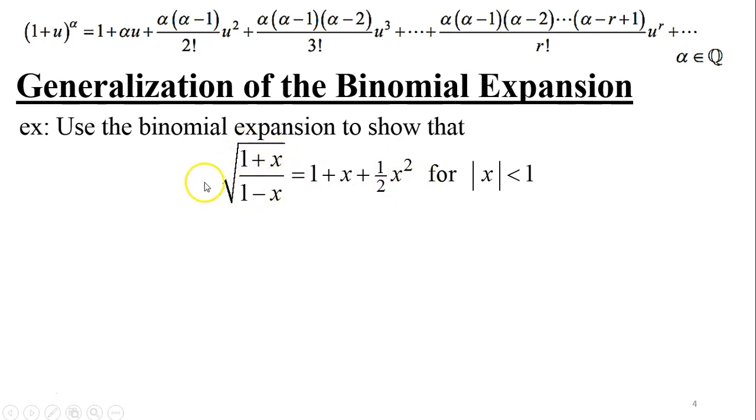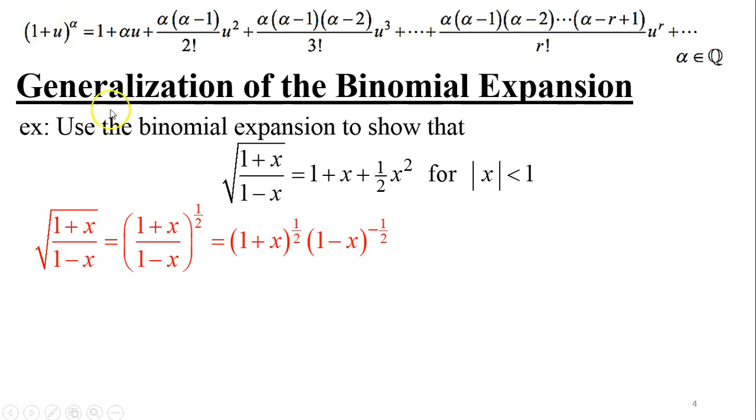So first we'd need to start by writing our expression in terms of factors in the form 1 plus u to the alpha. Now we know that a square root is an exponent of half, so we'd have 1 plus x over 1 minus x to the half, which we know that a over b to the n is a to the n over b to the n.